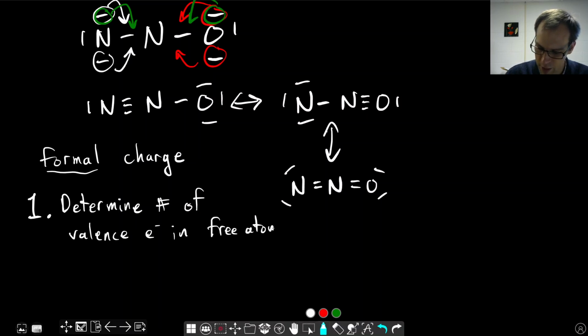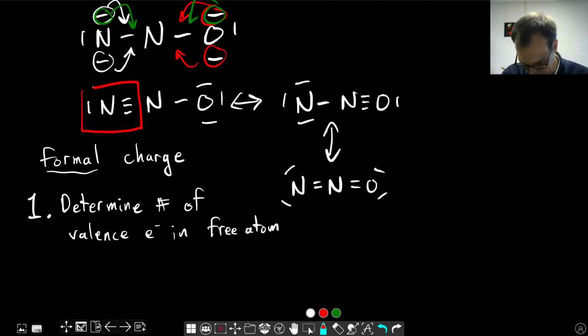So it's the same way as in the first step of Lewis structures where you're adding up all the valence electrons, that same value. So let's start with this nitrogen here. Step 1, nitrogen has 5 valence electrons under normal conditions as a free atom.